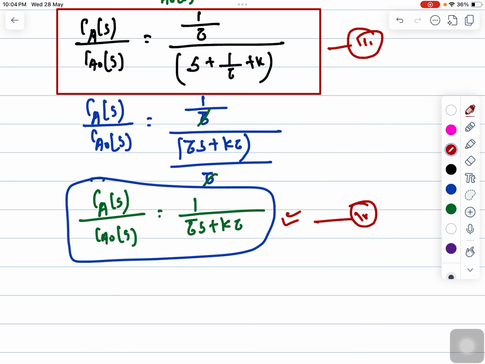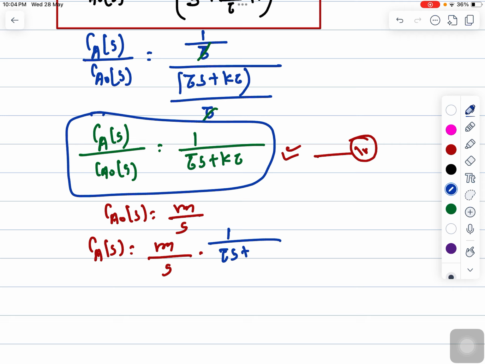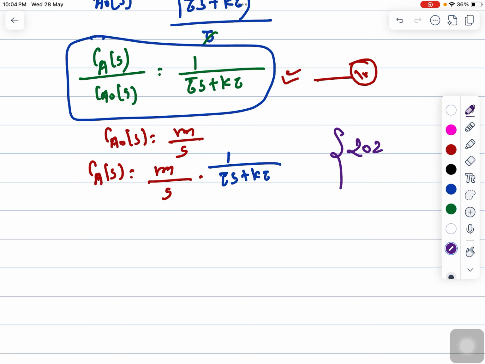Now let's say in the continuous stirred tank reactor the inlet has magnitude m by s. So now we can calculate Ca(S) equals m divided by s times 1 upon (tau s plus K tau). Based on this formula, a question was asked in GATE 2025. Now we can take the Laplace inverse, which converts the s domain into the t domain.